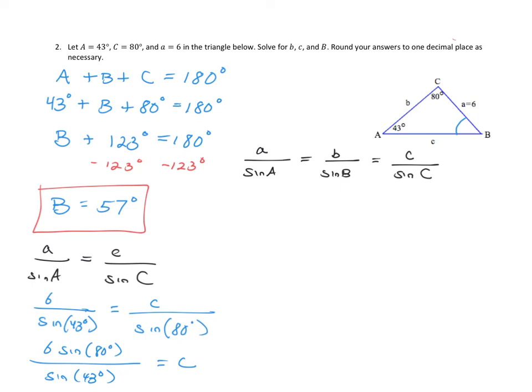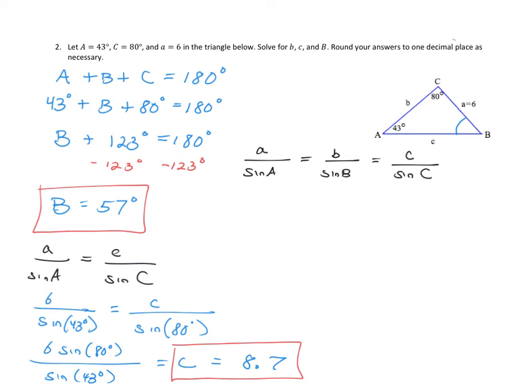Now, I want to be careful. I want to make sure my calculator is in degree mode. So let's see, 6 times sine of 80 divided by sine of 43. I get 8.66. If I round to 1 decimal place, I get that C is, well, it's really approximately, 8.7.